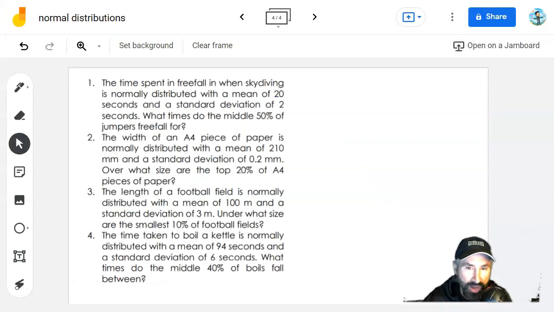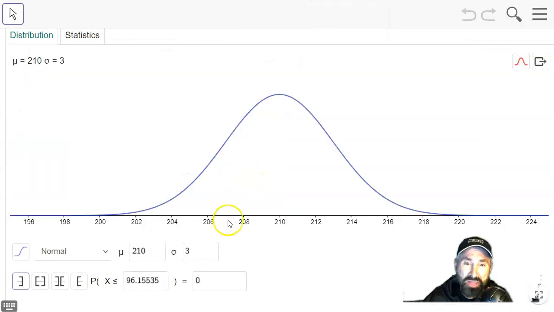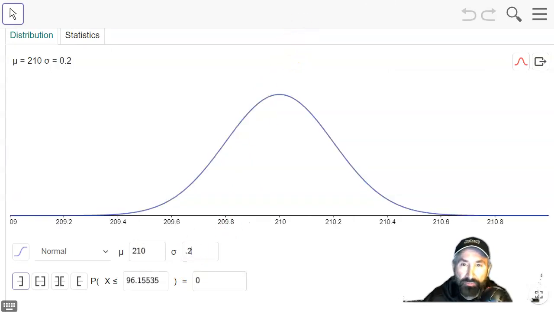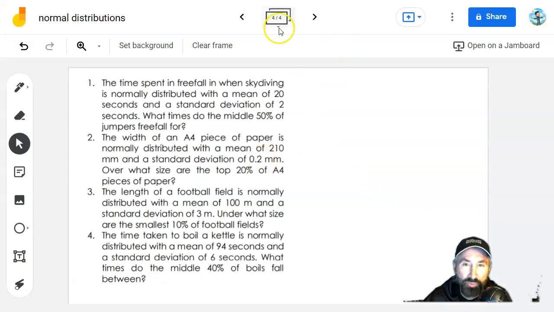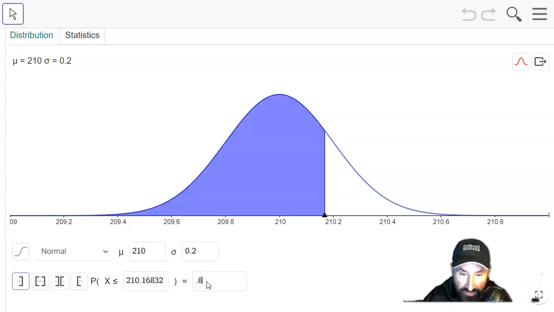And interestingly, wow, they really chop this paper accurately. For it to be 210 as the mean and 0.2 as the standard deviation, they are doing a pretty good job at chopping that paper accurately. Okay, then what we want to know is, what is the top 20%? Well, one way we could do it is we could do the bottom 80%, like we have been doing with the z-table. So I'm going to put that in there.